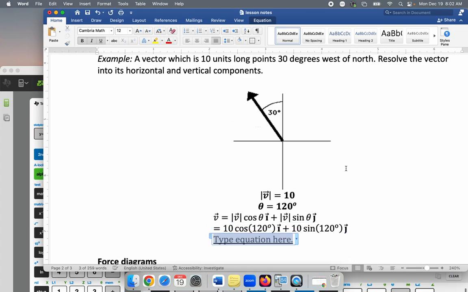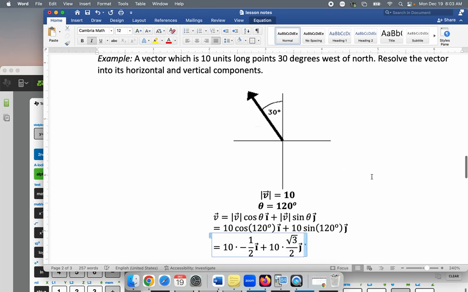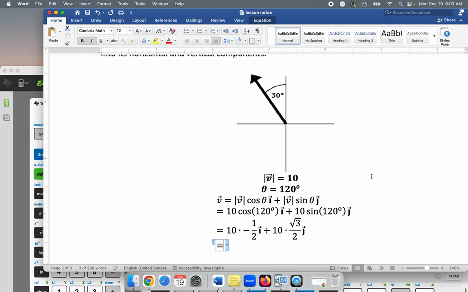And now it's just a matter of evaluating. So that's going to be 10 times cosine 120, which is negative 1/2, i plus 10 times sine of 120, which is root 3 over 2, j, which once we simplify, we'll have our answer.